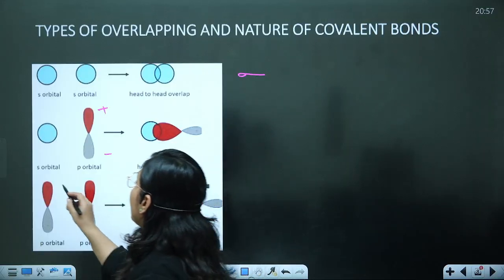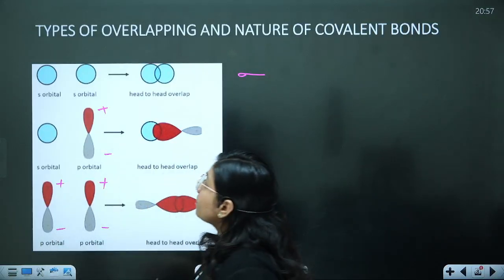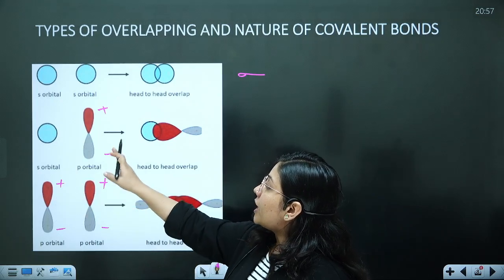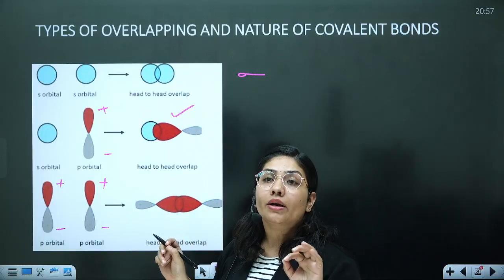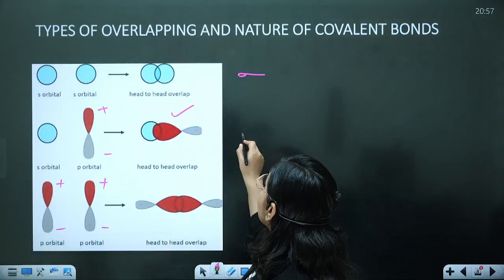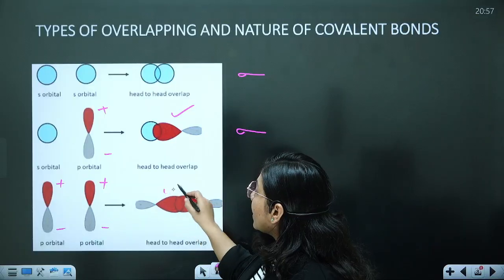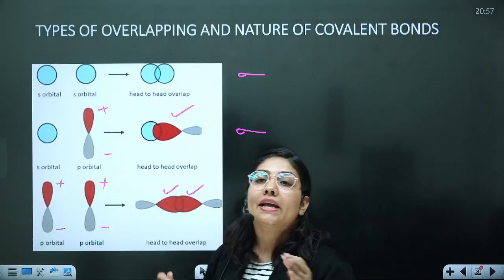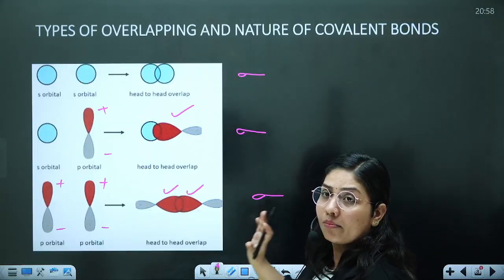When an s orbital overlaps with a p orbital, this is head-on overlapping and a sigma bond is formed. Here also they are having head-on, or axial overlapping, and this will also form a sigma bond.